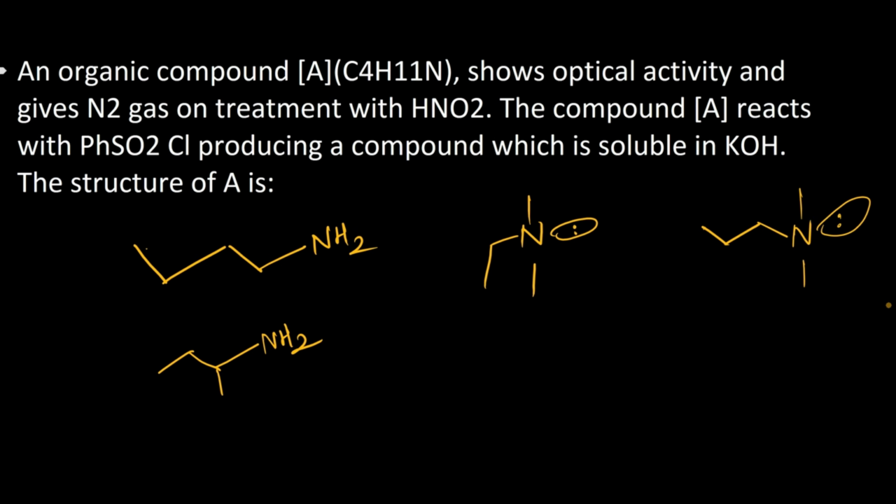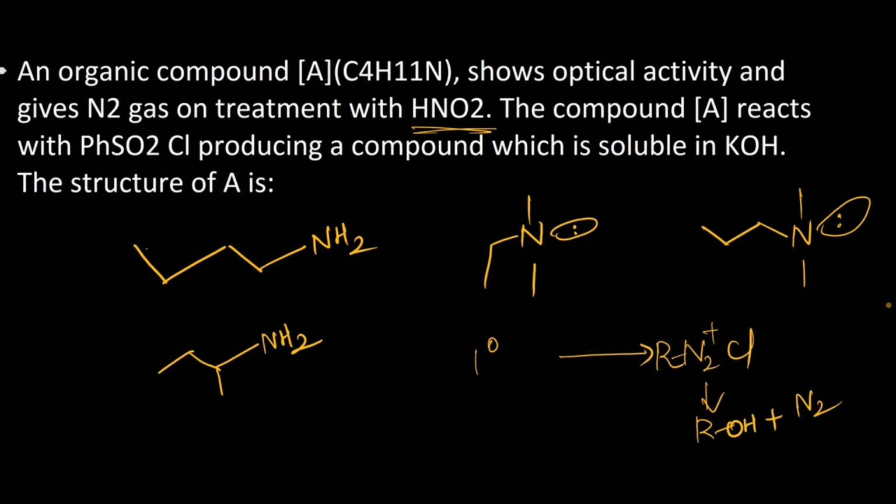So they have mentioned C4H11N. It releases N2 gas on treatment with nitrous acid, so it must be a primary amine, because you remember the diazonium reaction. When primary amine is treated, it will produce N2Cl, which is unstable, so it will produce ROH with N2 gas.